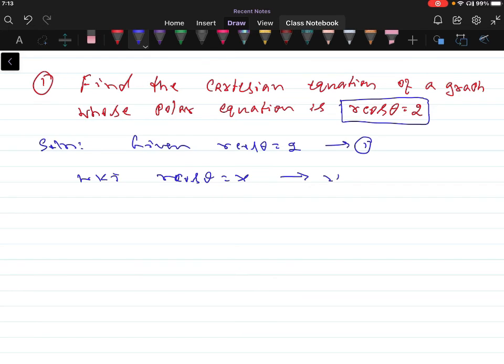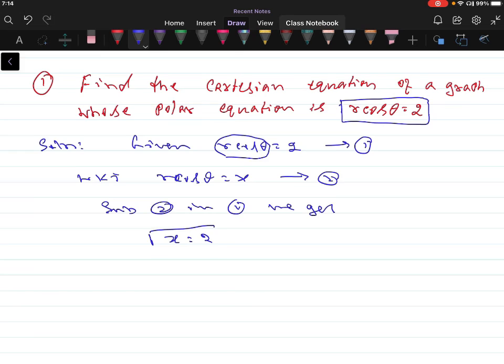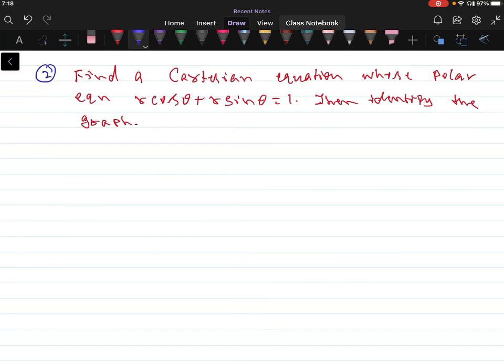Let us take it as equation 2. Now substituting 2 in 1, where r cos theta is equal to x, we get x is equal to 2, which is a Cartesian equation. So let us consider next problem.